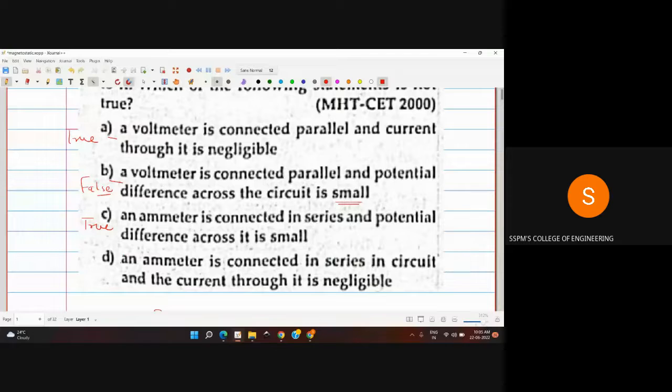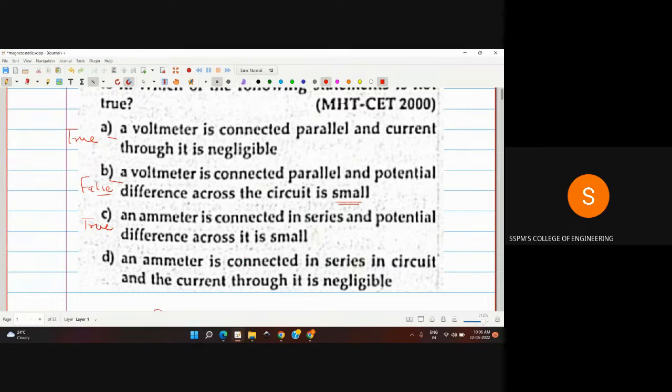The last option is: an ammeter is connected in series, and the current through it is negligible. Our aim is to find the current, isn't it? So the voltage drop across the galvanometer should be as small as possible, and if we want the voltage across the galvanometer negligible, then the current is also negligible.